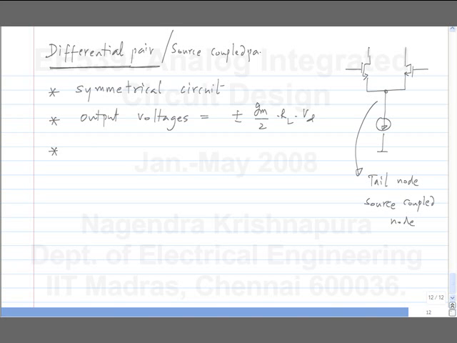We also saw that the tail node voltage Vx is an even function. An even function by definition means that small signal gain is 0. Okay. And it can be used as a rectifier.